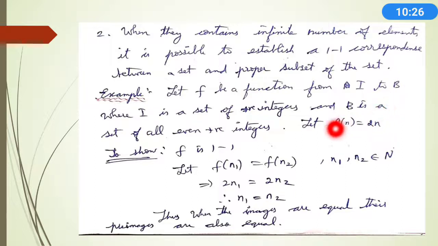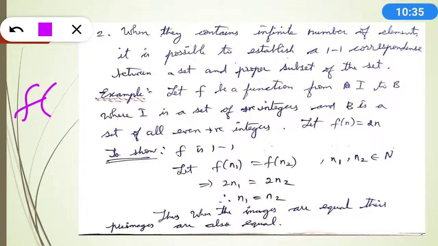To prove f is one-to-one, by the definition, f will be one-to-one only when distinct images have distinct pre-images. That is, if f of x is equal to f of y, I have to prove x is equal to y.